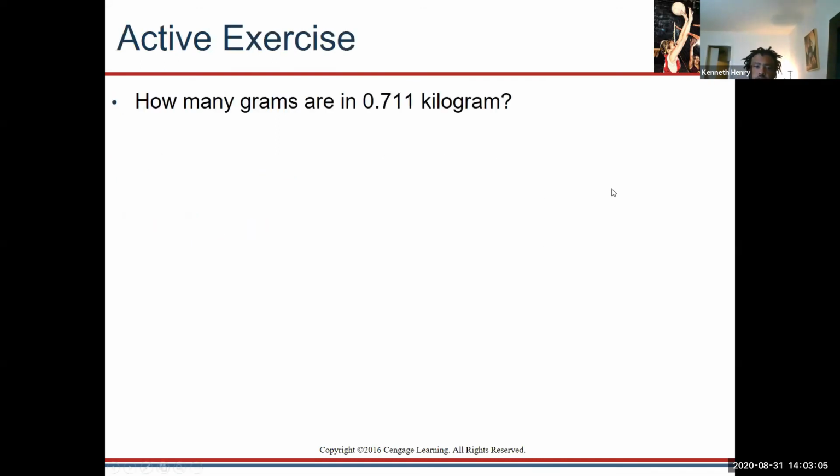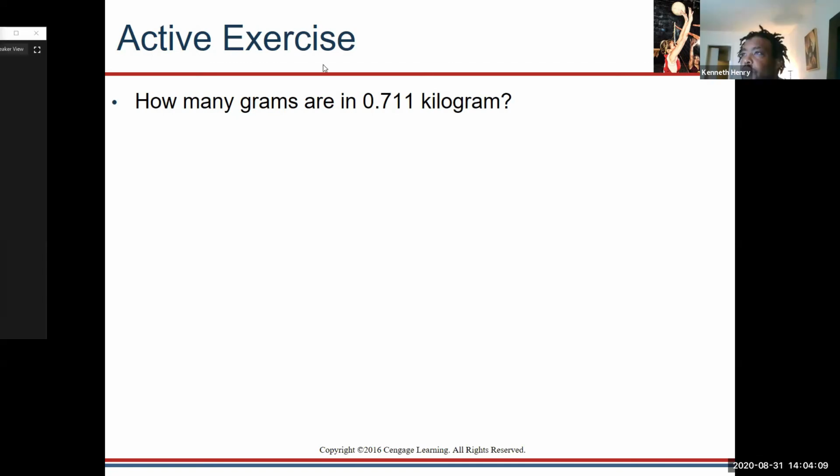Okay, let's see, who haven't I picked on yet? Steve, you've been pretty quiet. Help me out with this one. How would I start? What's my given? 0.711.